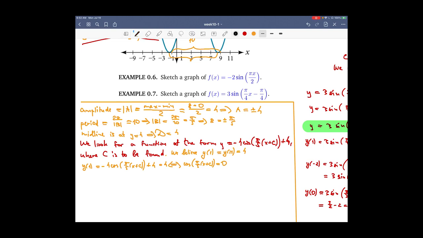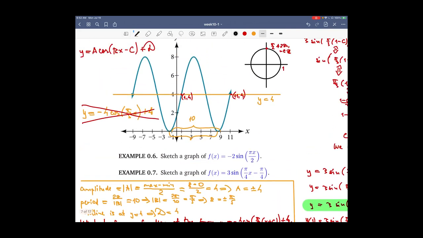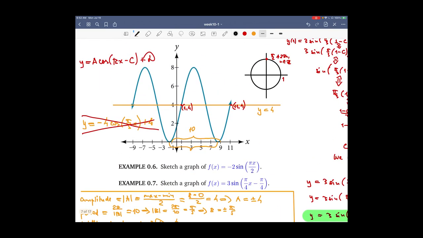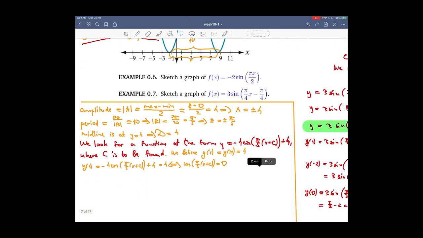Now, where is cosine 0? We can again use the unit circle. Cosine 0 is at 2 points: at pi over 2 plus any number of full revolutions in either direction, and negative pi over 2 plus any number of full revolutions in either direction, which is pi over 2 plus any number of half revolutions in either direction.